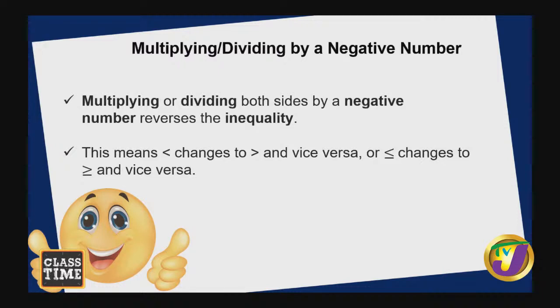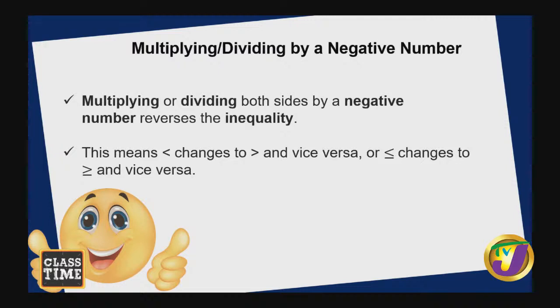What that means is that it changes the less than to greater than, and vice versa, or it changes the less than or equal to greater than or equal to. Please bear that in mind because, ladies and gentlemen, you will need that information as we go further. If you need to rewrite in your own words, please go ahead and do so.